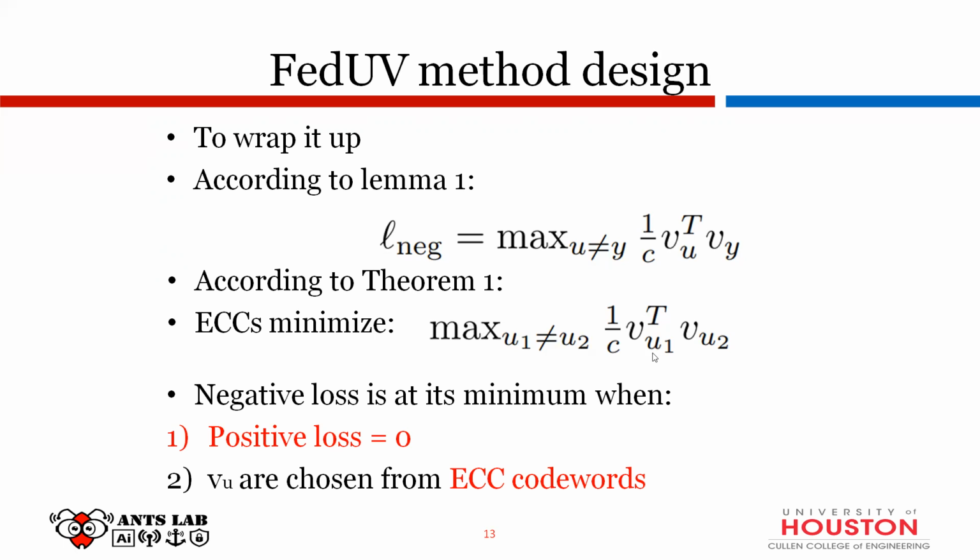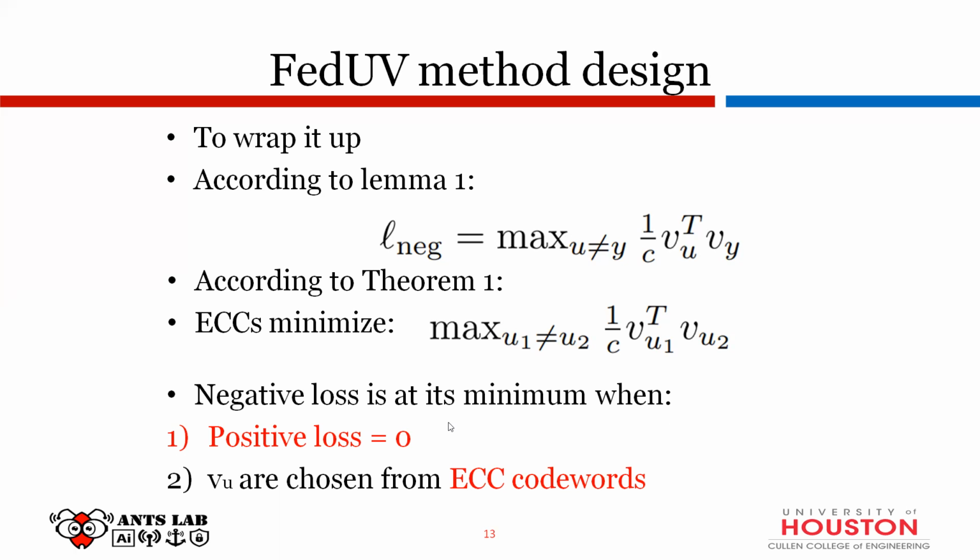If we replace this user 1 with u, and this user 2 with y, you can see these two are basically the same. So if we use the code words from ECC, we can guarantee that we get the negative loss at its minimum when positive loss equals 0.